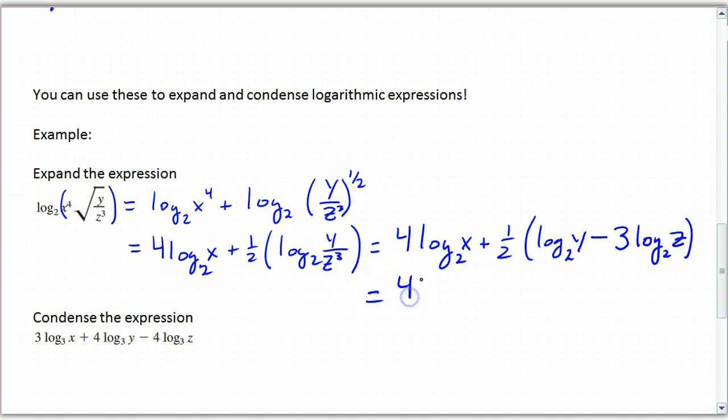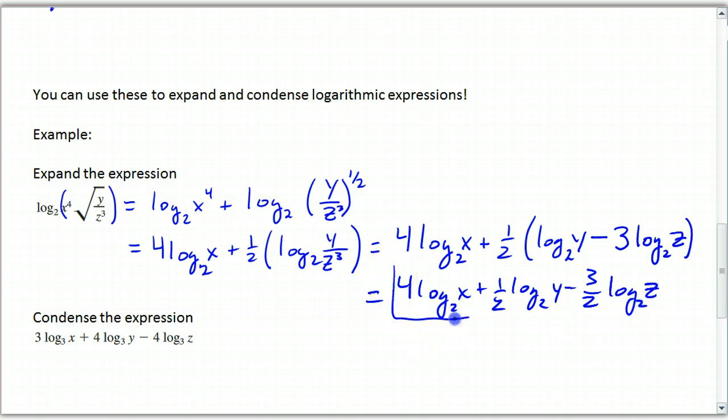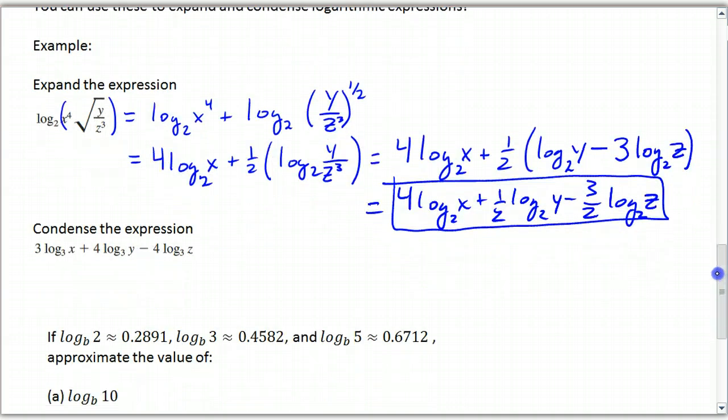And our final answer will look like this. Okay? So that's expanding a logarithmic expression.